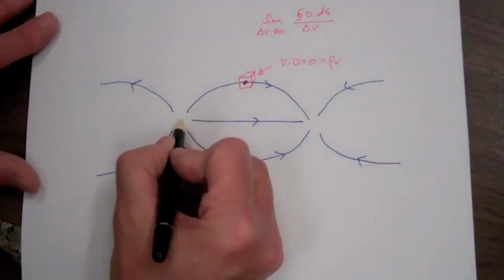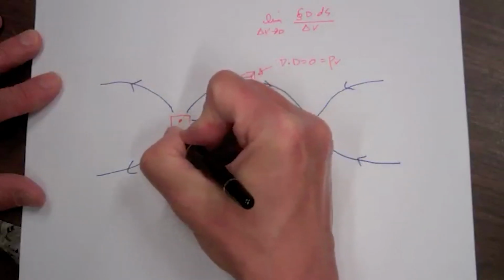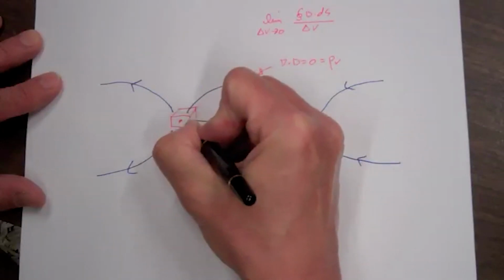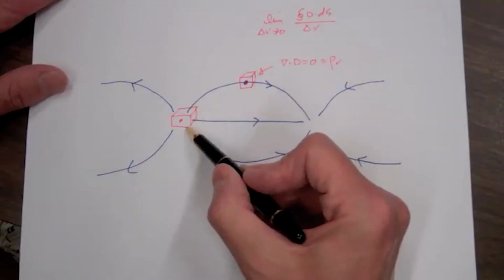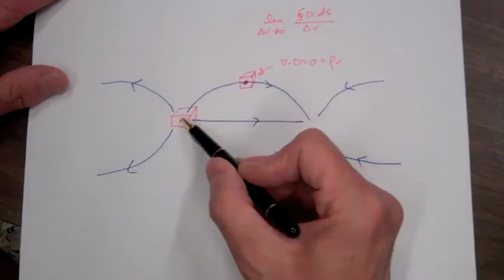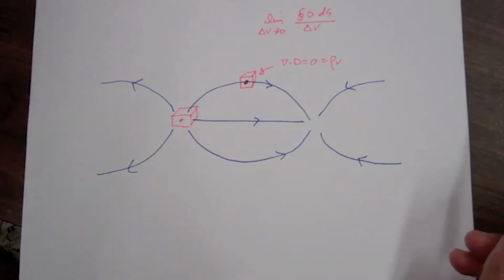Okay, so let's look at a point here. Okay, again, think of a small volume around that point. And you're going to integrate D dot dS around that small volume, divide by the volume, and take the limit as delta v goes to 0.